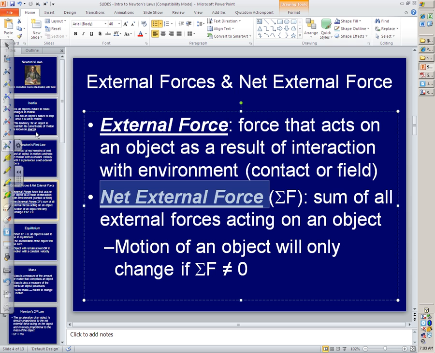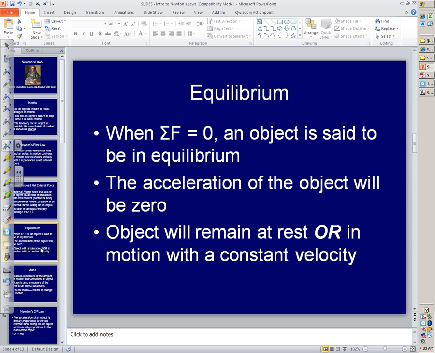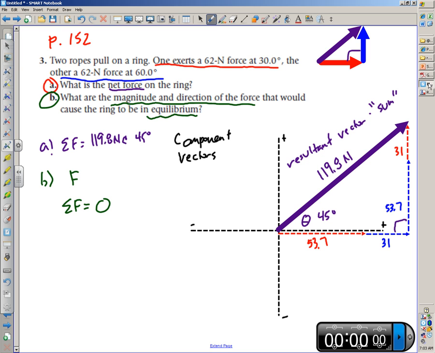Because, reviewing our terms from before, equilibrium is when the net force on an object is equal to 0. That concept doesn't change. How we define it in 2 dimensions does change a little bit. So, the force that we would act on this ring to cause this object to be in equilibrium, we refer to as the equilibrant.